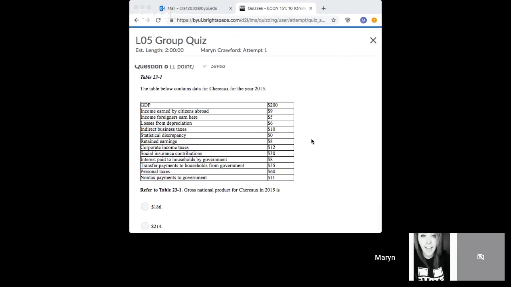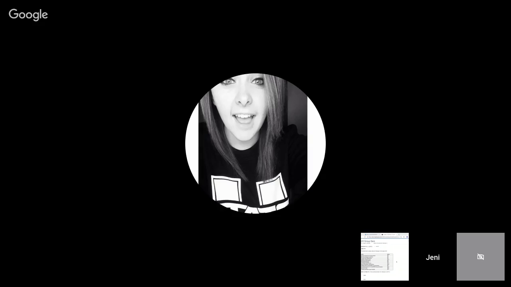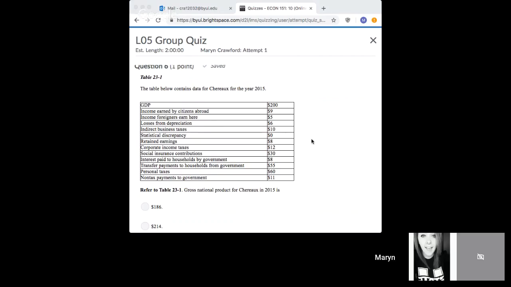I thought it was the opposite of that. So the definition I have written down is total income earned by a nation's permanent residents. So if they were to go work for a year in Canada, then that would be in the GDP. But if they had a factory in Canada and they lived there, it would not go to the GDP.